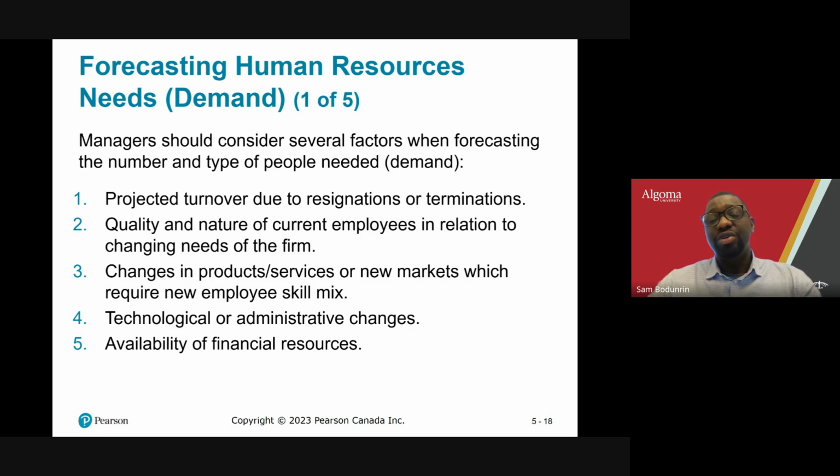Availability of financial resources: we must have the budget and approval to be able to hire the right candidates. So one thing is to plan, another thing is to get approval from the management team for hiring.